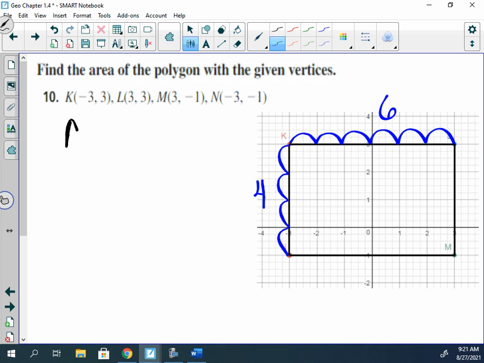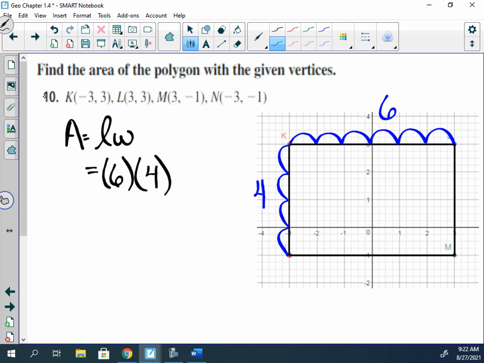So for our area, the formula for a rectangle or square is length times width. Luckily, 4 times 6 is going to be the same as 6 times 4.